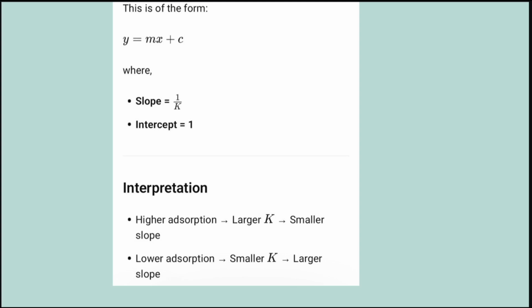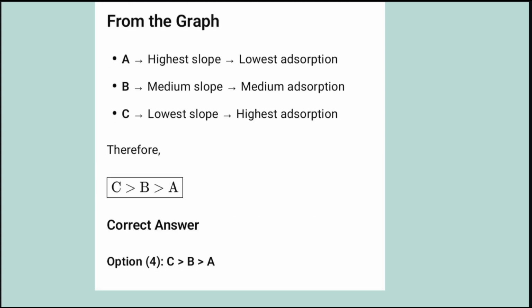Now we'll see the interpretation. Higher adsorption means larger k and that means smaller slope, and lower adsorption means smaller k, that leads to larger slope. Now from the graph, A has the highest slope, so lowest adsorption, and B has medium slope, that means medium adsorption, and C has the lowest slope, that means highest adsorption. Therefore C greater than B greater than A. So the correct answer is option 4, C greater than B greater than A.